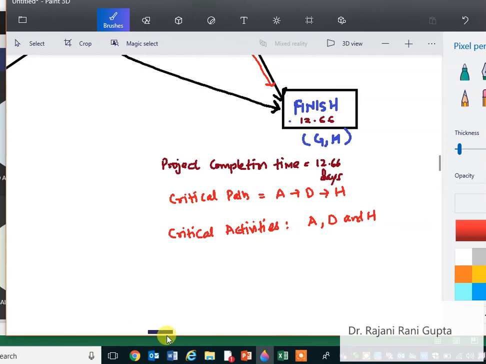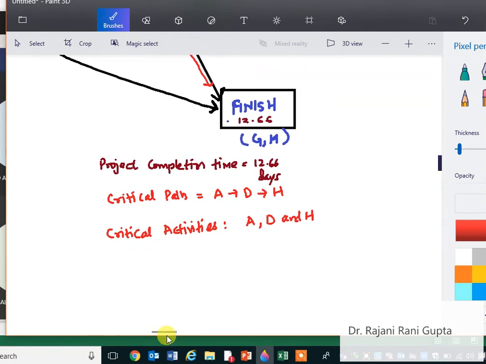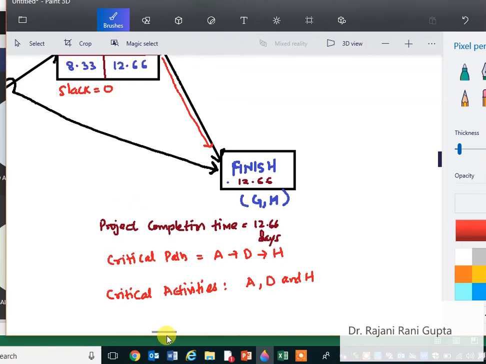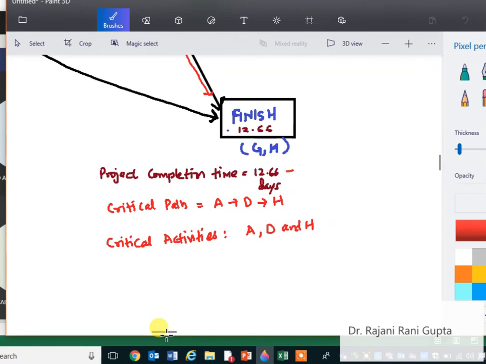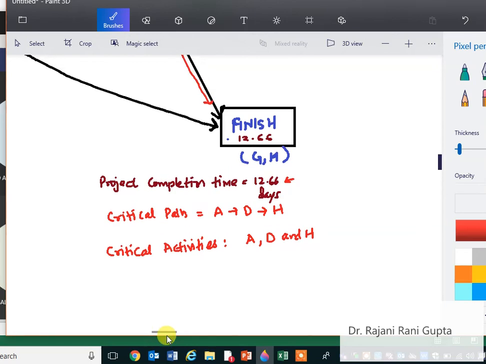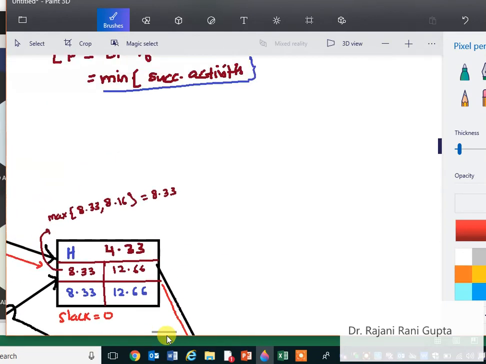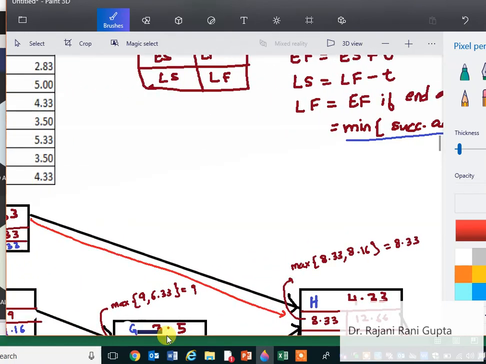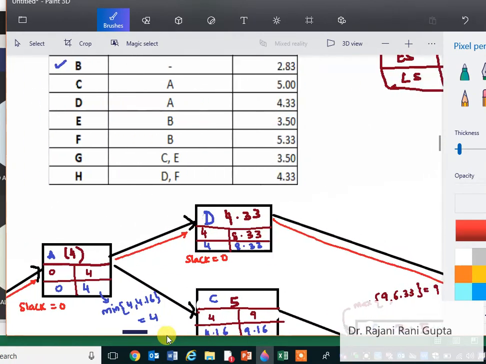To check if the critical path is correct or not, we should add the activity times of A, D and H, and it should come equal to the project completion time. If it is not coming equal to that, it means we did some mistake somewhere. A, D and H. So let's go back to the table.